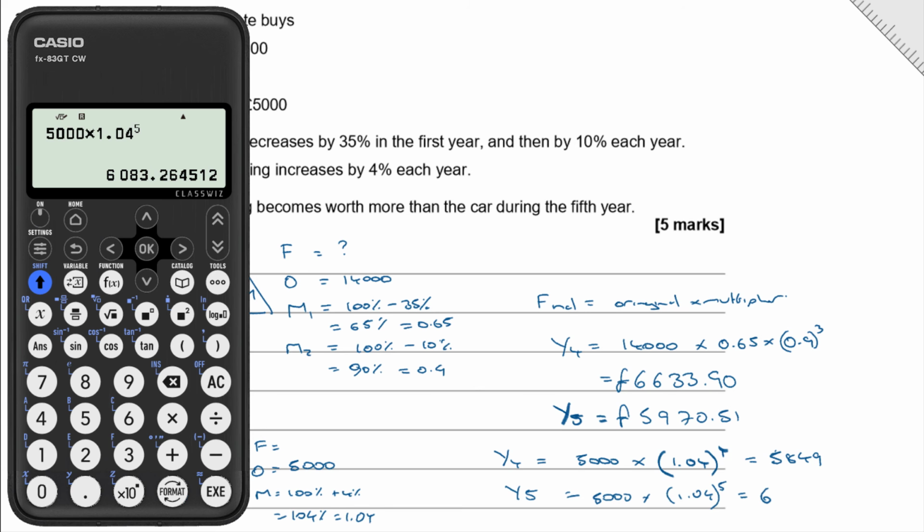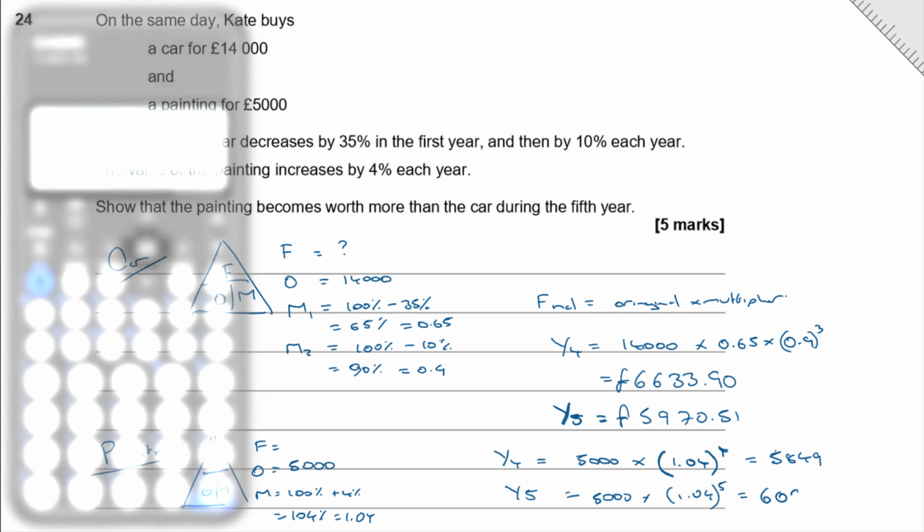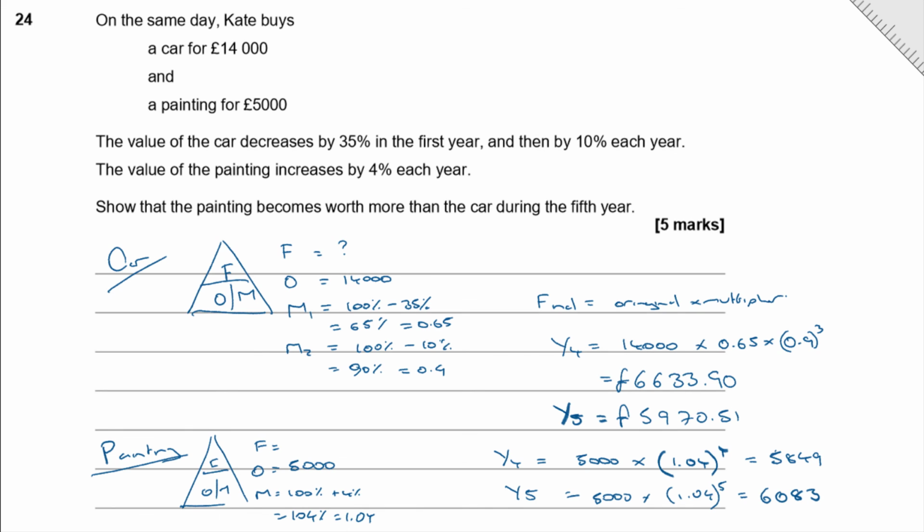So you can see now it's increased beyond the price of the car, because the car is now 5970 and the year 5 price is 6083. So I can therefore say painting worth less end of year 4 and more end of year 5.